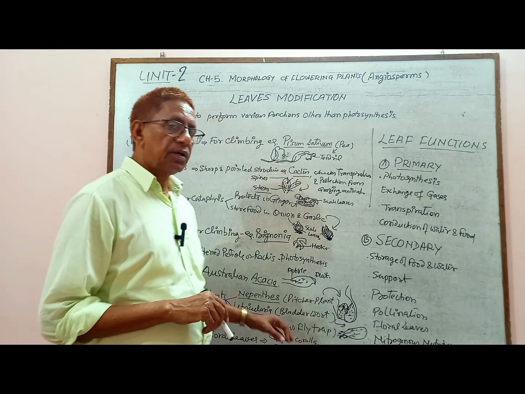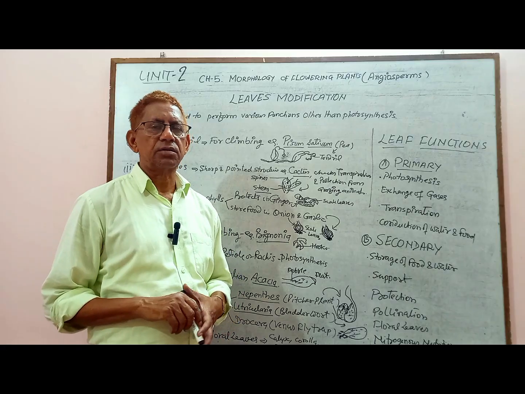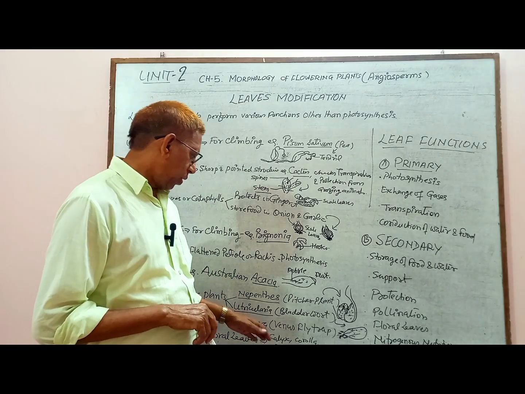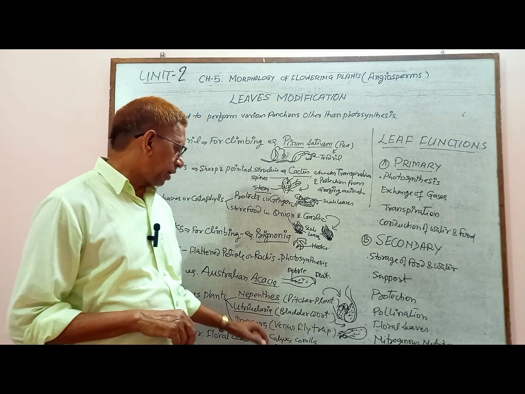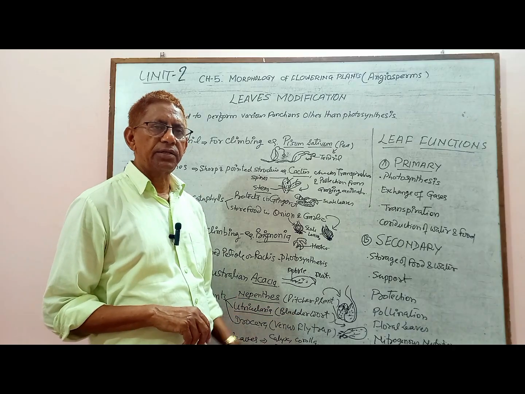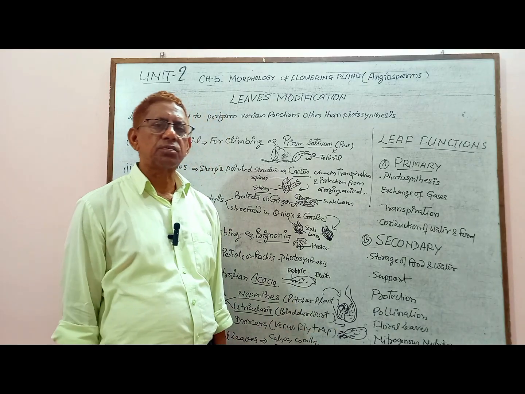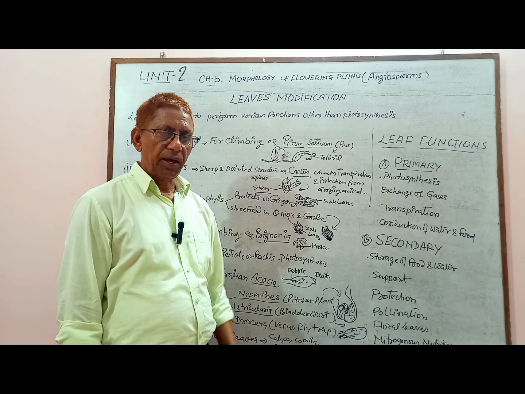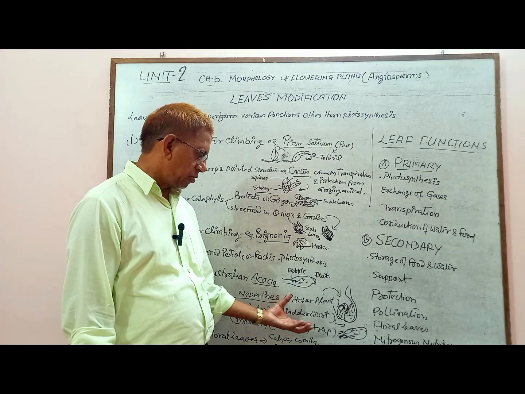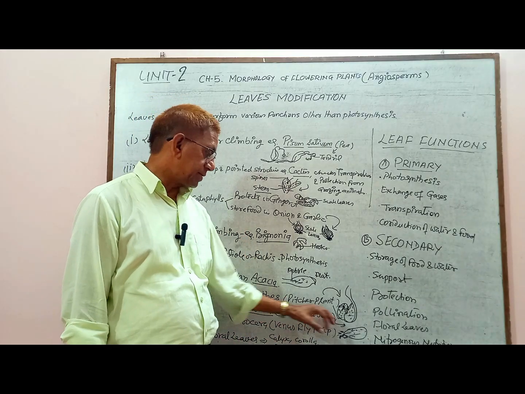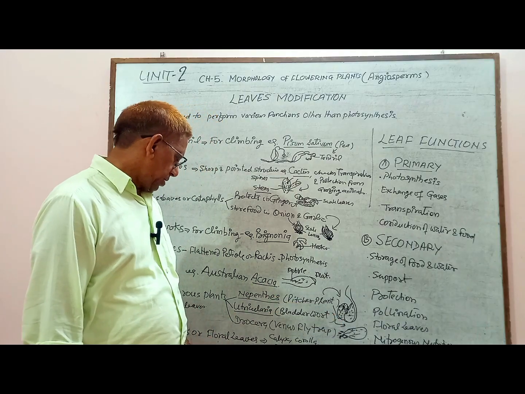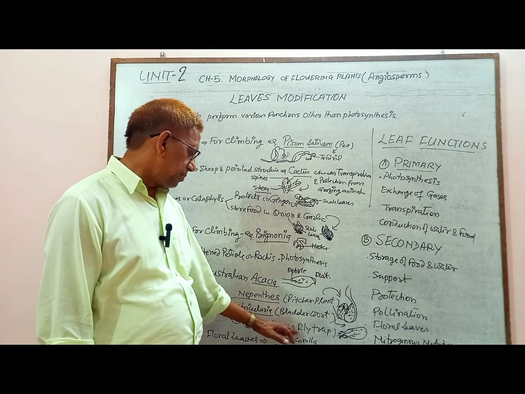Likewise, the second group of insectivorous plants is also known as bladderwort. You see it as Utricularia. It is commonly known as bladderwort because the structure of this plant is like a bladder, where a fluid is filled. At the base the insect gets entrapped. Then there are Sundew, Drosera, and the Venus flytrap.